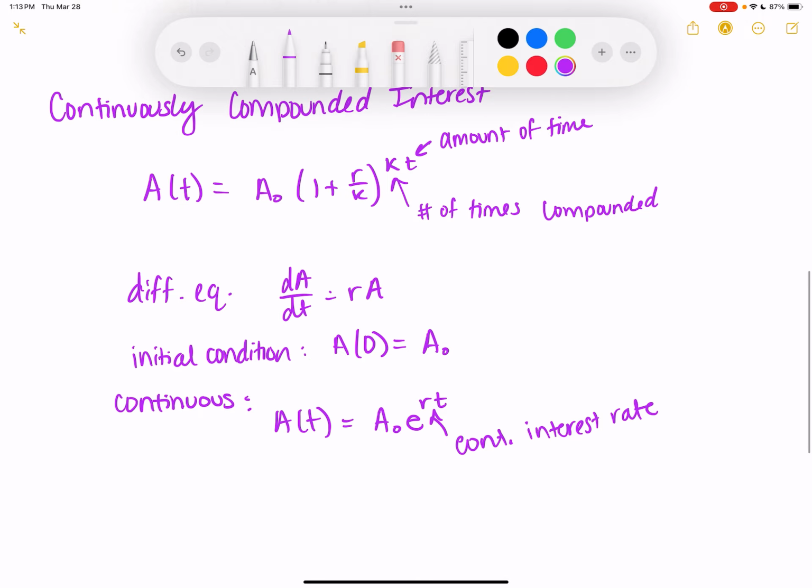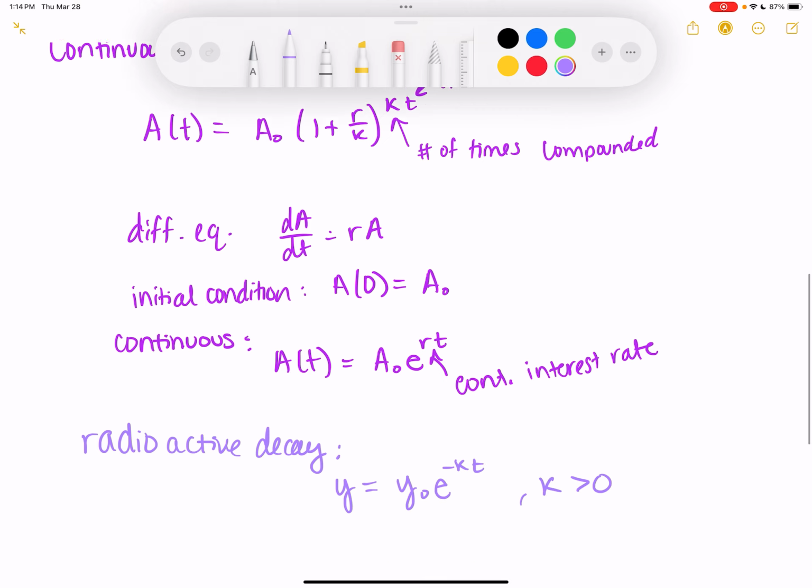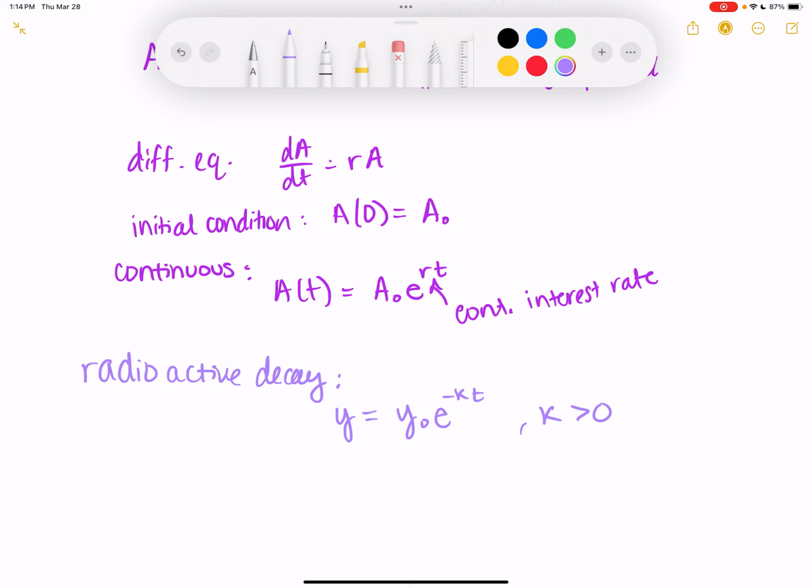For radioactive decay, y is equal to y sub 0 e to the minus kt, where k is greater than 0. And usually when we get into exponential growth and decay problems, we tend to see half-life problems.